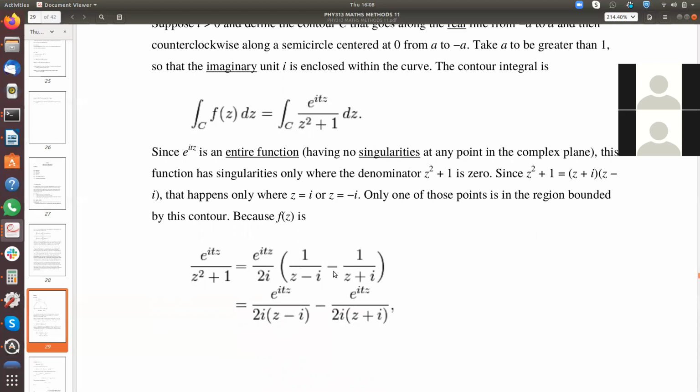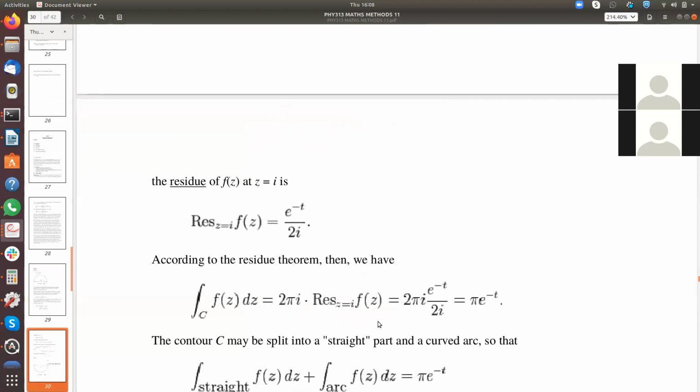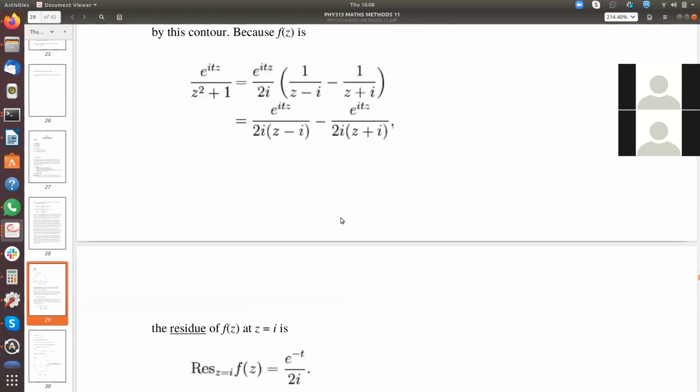Then factor 2i out. By the time you do the expansion, you see that this is just the factor that they brought out of that analysis. So this implies that the residue of f of z at z equals i is, if you put z equals i here, i minus i, the whole of this goes to 0.